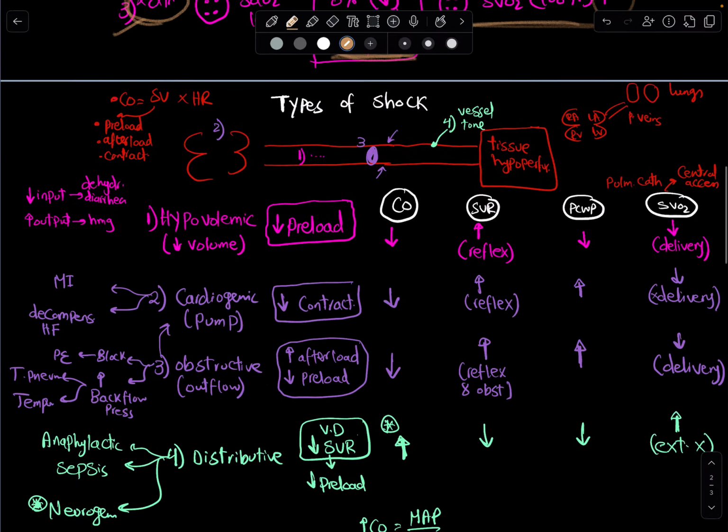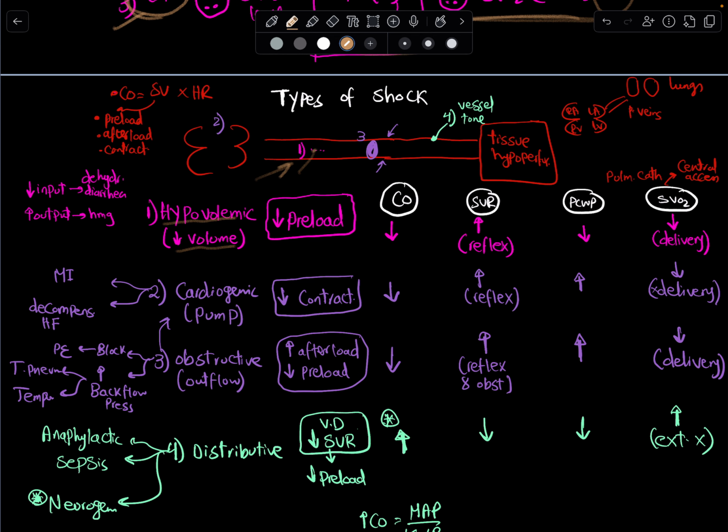So let's start one by one. The first type is the hypovolemic shock, in which you mainly have a decrease in the volume of the blood that's going to the tissue. So here, number one, you have low volume inside the vessel, so you are not perfusing the tissue. When do you see this?